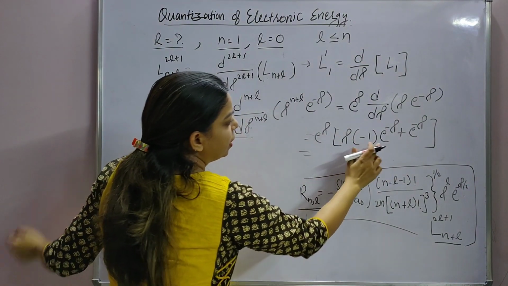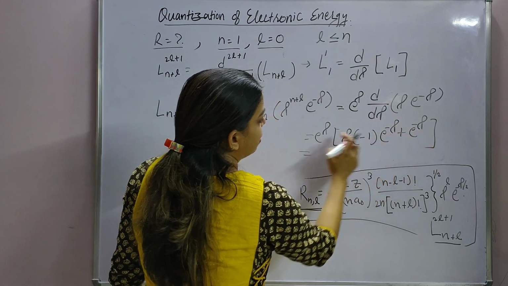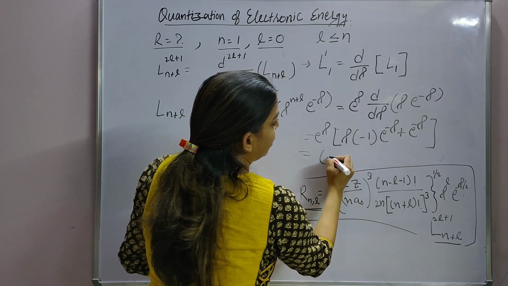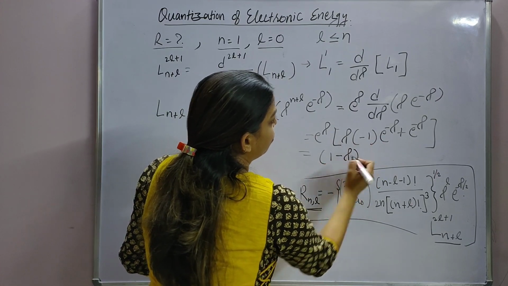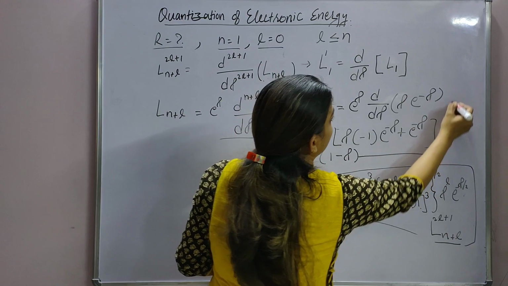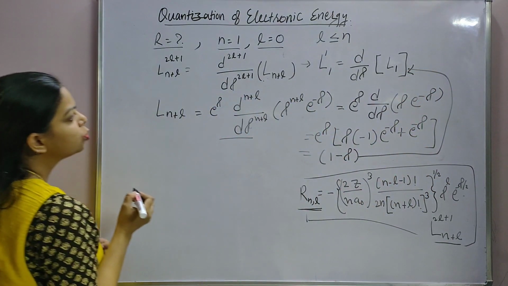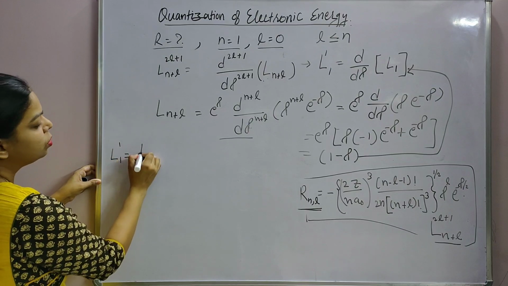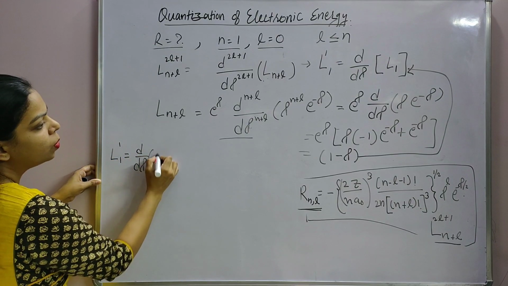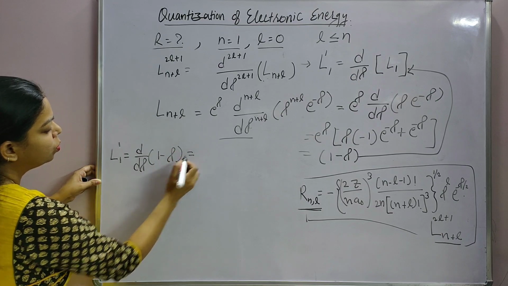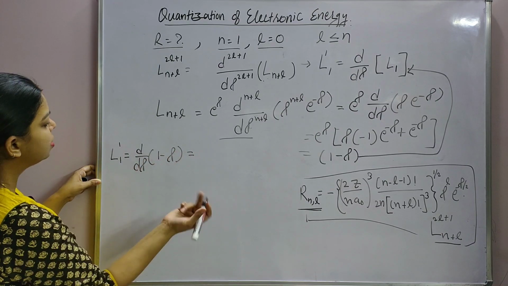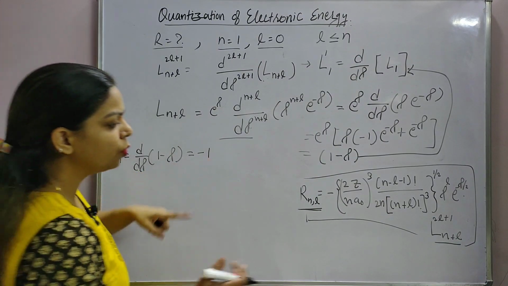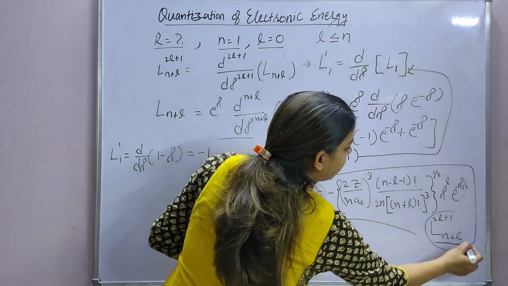Further simplifying, if I take this outside, this becomes e raised to power 0, which is 1. Inside the bracket I will have 1 minus rho. So put this 1 minus rho over here. So you will have the expression for L1 as d by d rho of 1 minus rho, so 0 and minus 1, minus 1. I will substitute this value of minus 1 over here.